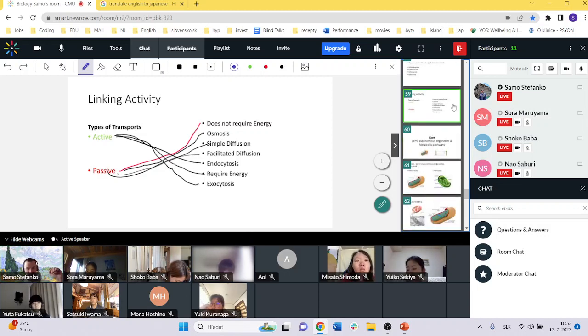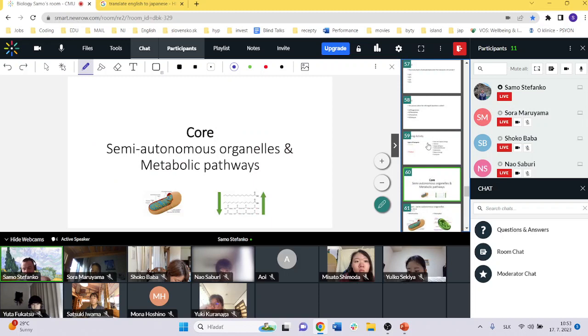Guys, now that brings us to the core, and today's core is supposed to have two parts basically. The first one will focus on semi-autonomous organelles, and the second one will focus on metabolic pathways. Nevertheless, it's 17:54 your time, right? Am I right? Okay.